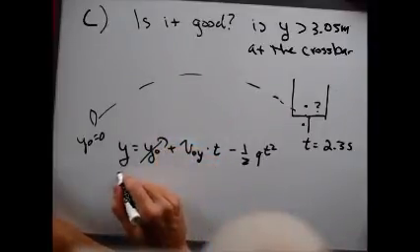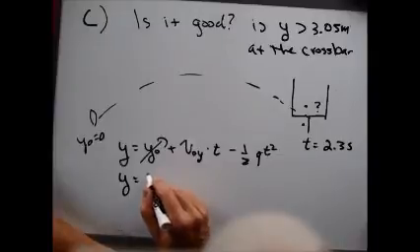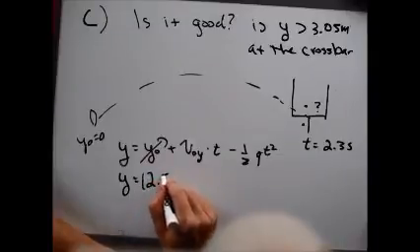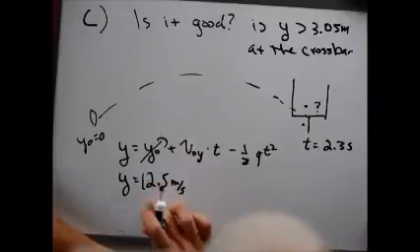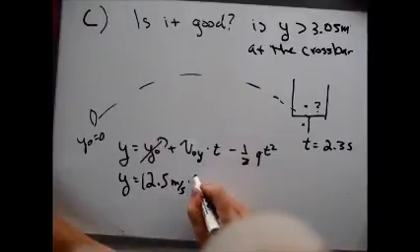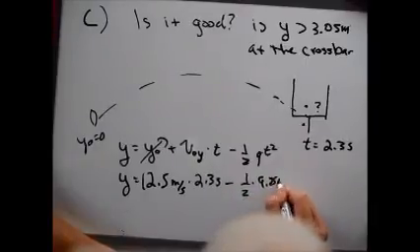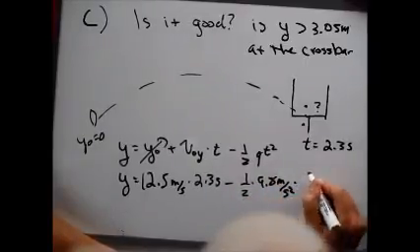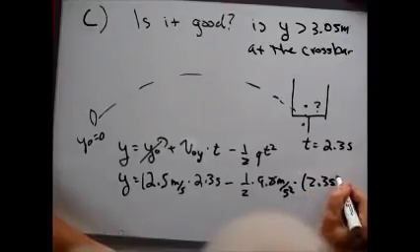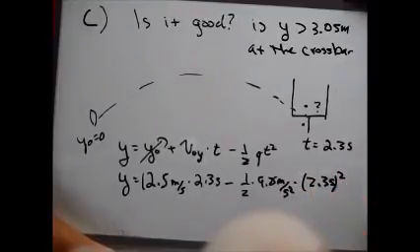Then y is equal to 12.5 meters per second, from part A, times 2.3 seconds, minus 1/2 times 9.8 meters per second squared times 2.3 seconds squared.